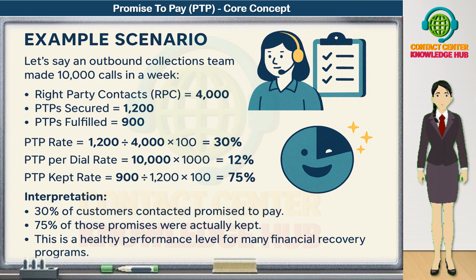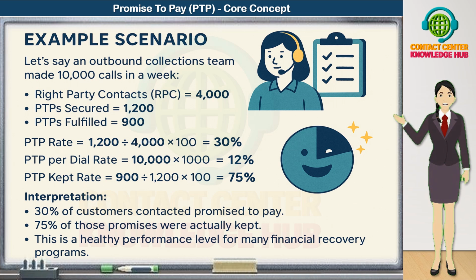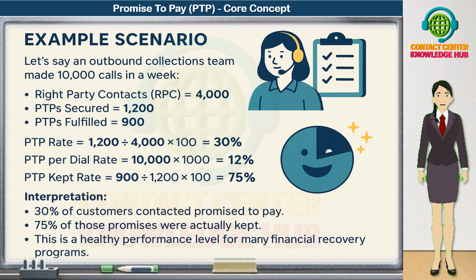And the PTP kept rate is 900 divided by 1,200 multiplied by 100, which equals 75%. Here's what that means in plain terms. 30% of customers contacted made a commitment to pay. 75% of those commitments were actually kept. And overall, this represents a strong and healthy performance level for many financial recovery and retention programs.